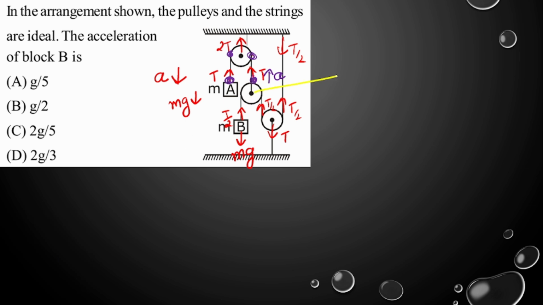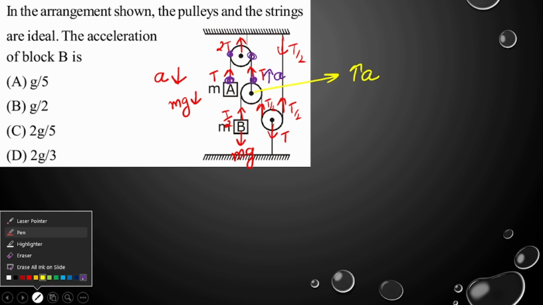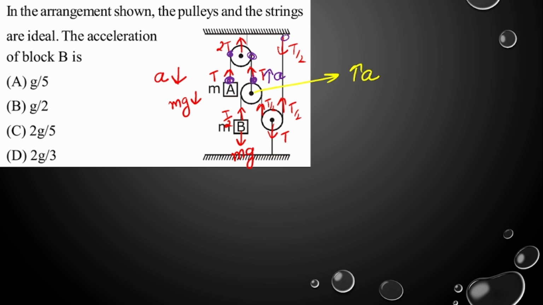Then again applying the point method, points 1, 2, 3, 4, 5 and 6. For these 6 points, first we took another string, now we are taking this string. Can you notice? This string has 6 points of contact.